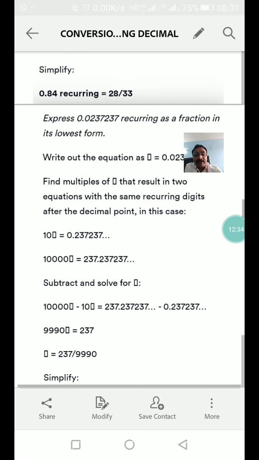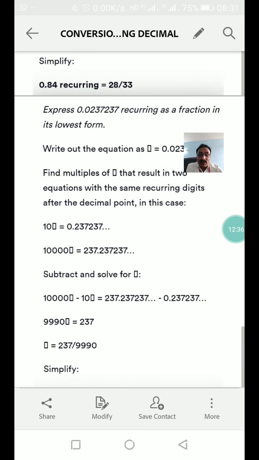Subtract and solve for x: 10,000x minus 10x equal to 237.237237 minus 0.237237, and you get 9,990x equal to 237, and you get x equal to 237 by 9,990.